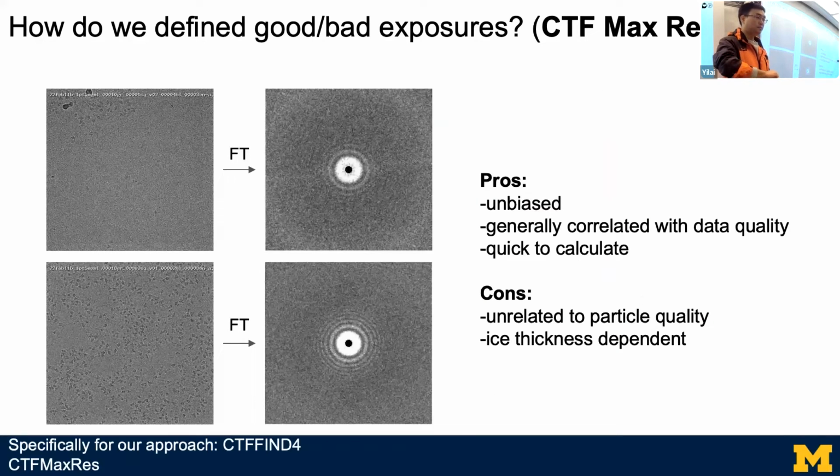So first question, how do we define good or bad exposures? We use the CTF max resolution. For those of you who are not cryo-EM experts, this is basically quantifying the signal in Fourier space. If you have high resolution, then you'll see more signal in the high frequency areas of the Fourier space. If your micrograph doesn't contain any high resolution information, you don't see as many of the Thon rings in the higher frequency areas.